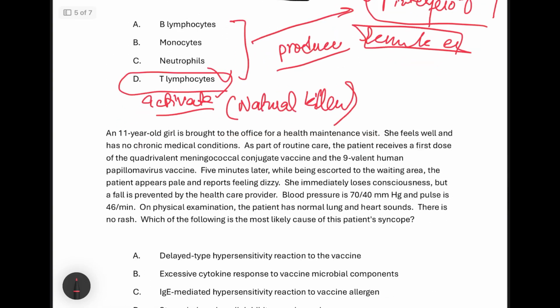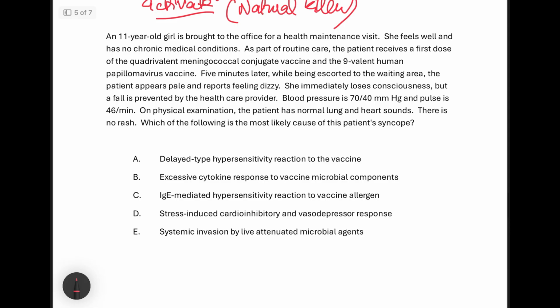Now we are moving to our next question. An 11-year-old girl is brought to the office for a health maintenance visit. She feels well and has no chronic medical condition. As part of routine care, the patient receives the first dose of the quadrivalent meningococcal conjugate vaccine and the 9-valent human papillomavirus vaccine. Five minutes later, while being escorted to the waiting area, the patient appears pale and reports feeling dizzy.